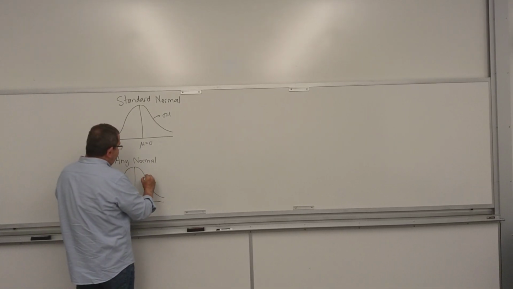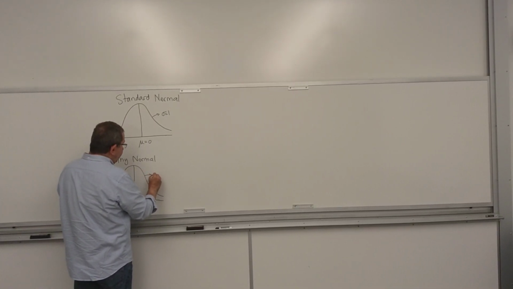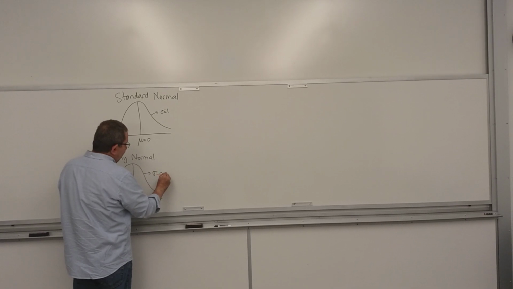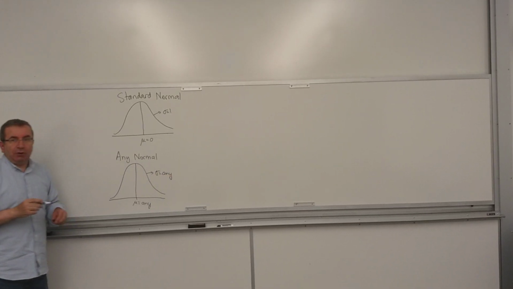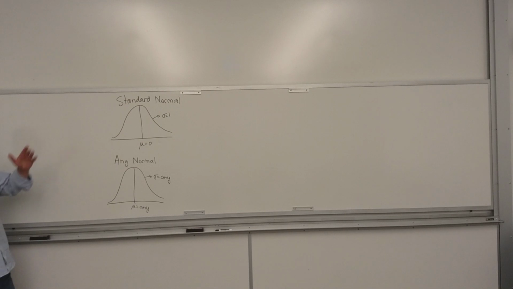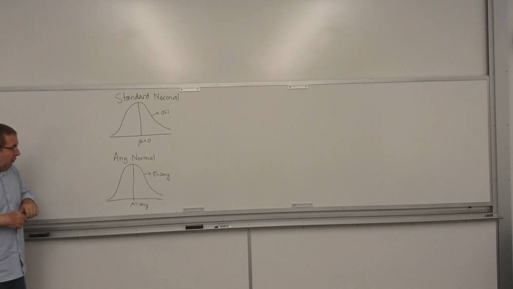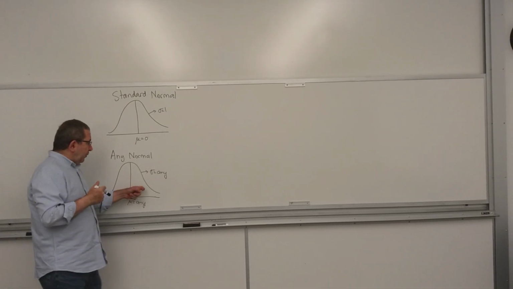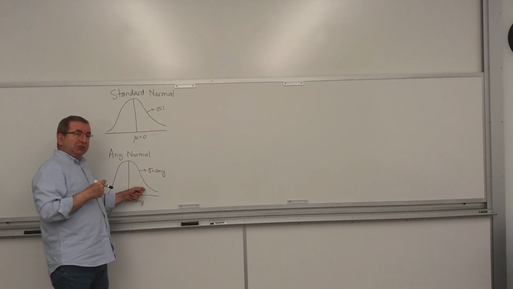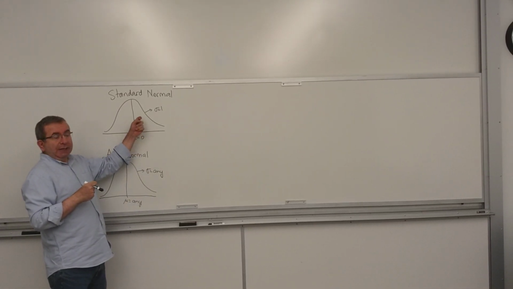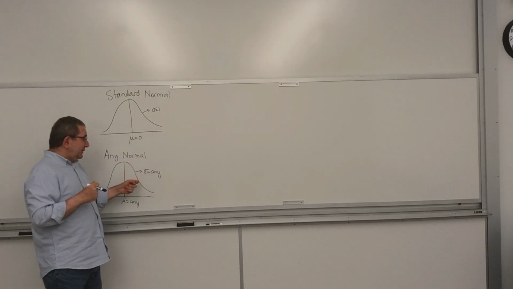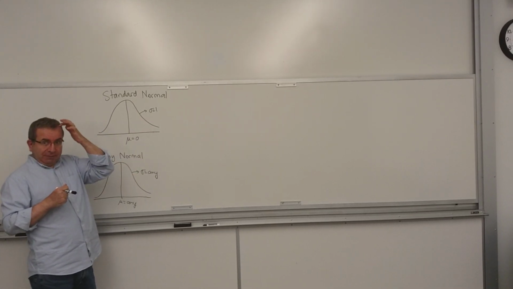And then the standard deviation can be any number also. Okay, so standard normal, any normal. So we can go from any normal distribution to standard normal, and from standard normal to any normal distribution.